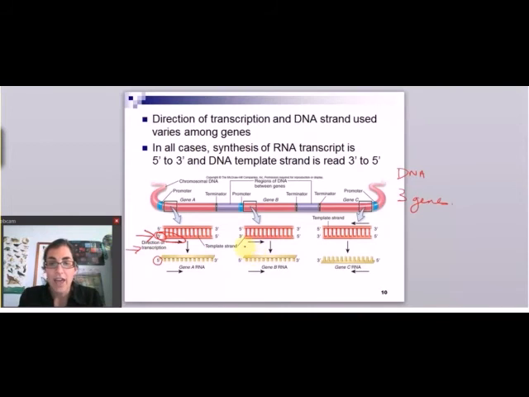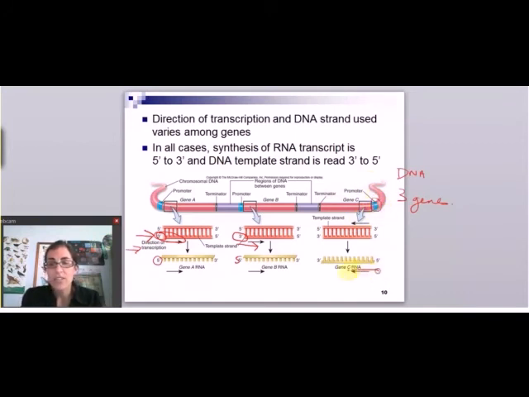If I look at gene B here, I also find a promoter while I'm moving to the right if I'm sigma factor. So that means I'm going to make my RNA moving to the right. This is the 5' end, which means I must also be using the bottom strand as my template strand. So in both these cases, the bottom strand is the template strand. Now if I look at this one, notice that the promoter is on the other side.